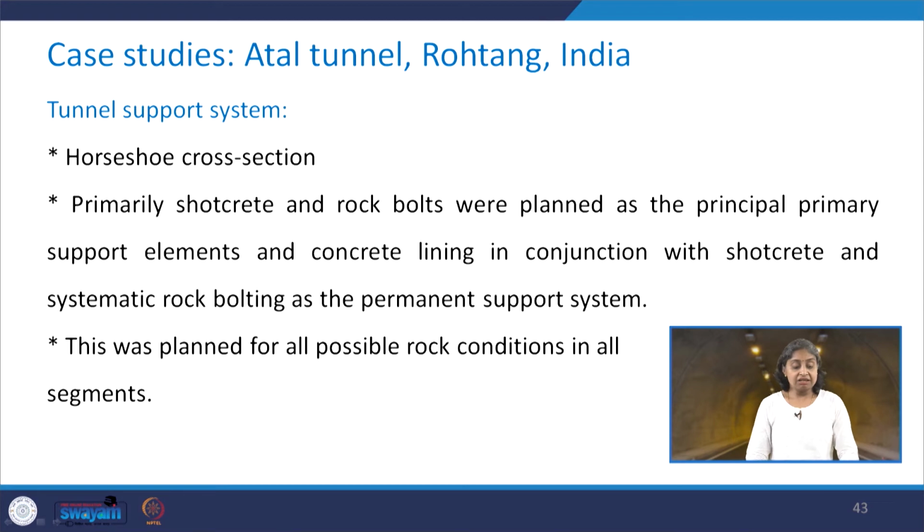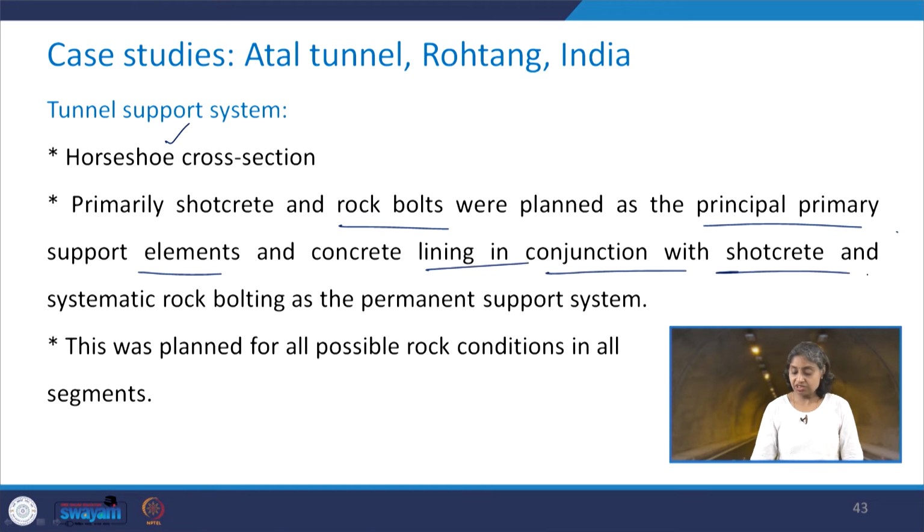Then the tunnel support system. This tunnel is horseshoe shaped. Primarily, shotcrete and rock bolts were planned as the principal primary support elements, and the concrete lining in conjunction with the shotcrete and systematic rock bolting as the permanent support system.